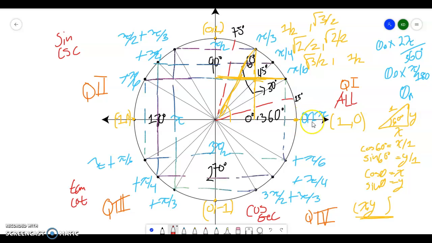The best way to remember that is: All Students Take Calculus. So all students take calculus. And that's how you remember it.